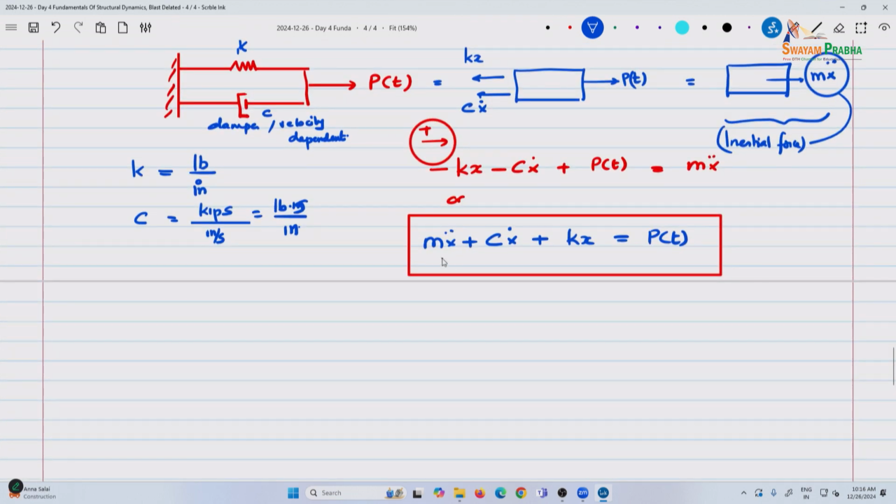So once again, this is the inertial force. When you look at especially seismic, when you are calculating, this is the damping force, this is the static force or the force due to loads, and this is your forcing function. We will focus on forcing functions as related to blast applications.